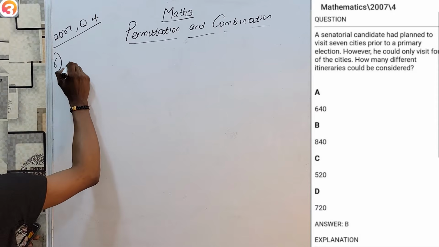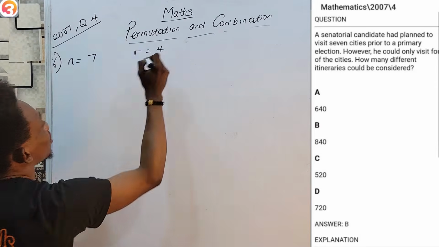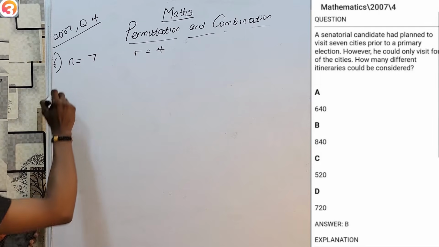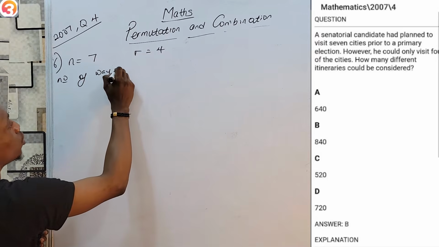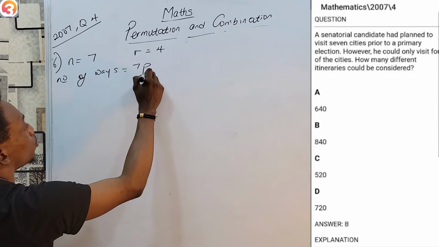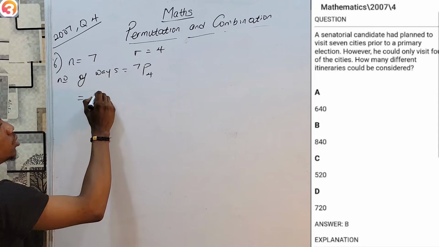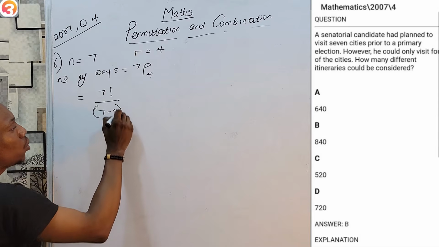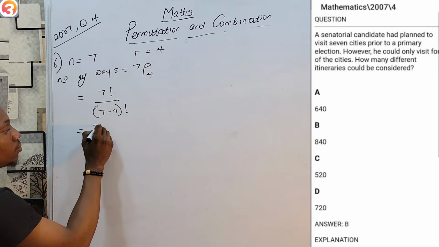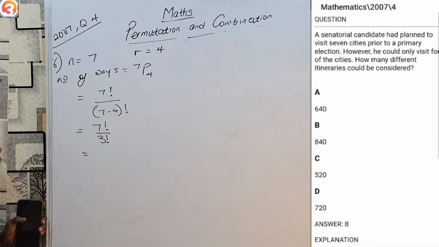So, the total number of cities he could have visited was 7, but he could only go to a required number of 4. And as such, the number of ways becomes 7 permutation 4. As you know from the formula for permutation, that is 7 factorial over 7 minus 4 factorial, giving me 7 factorial over 3 factorial.